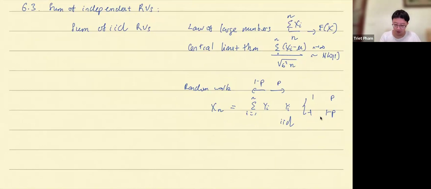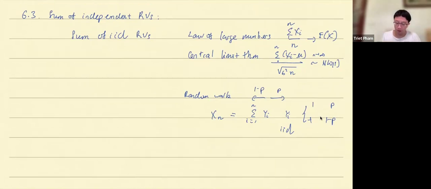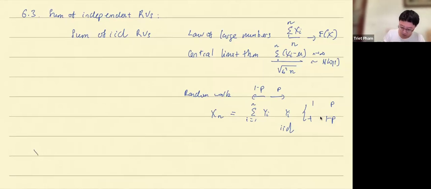So let's specialize to a simple case where x and y are independent random variables with densities f sub x, f sub y.